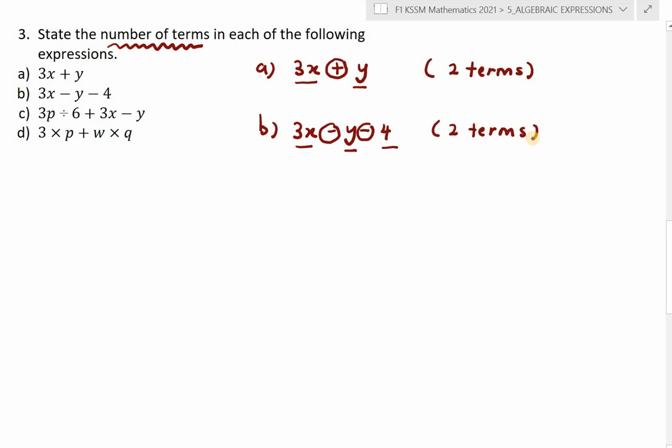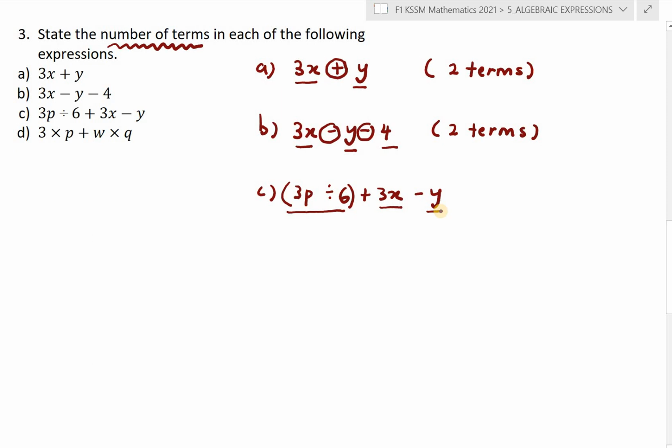The answer is 3 terms. Look at C. We have 3p divided by 6, plus 3x, minus y. This one is division, which means it is one term. This one is 2 terms and this one is the 3 terms.